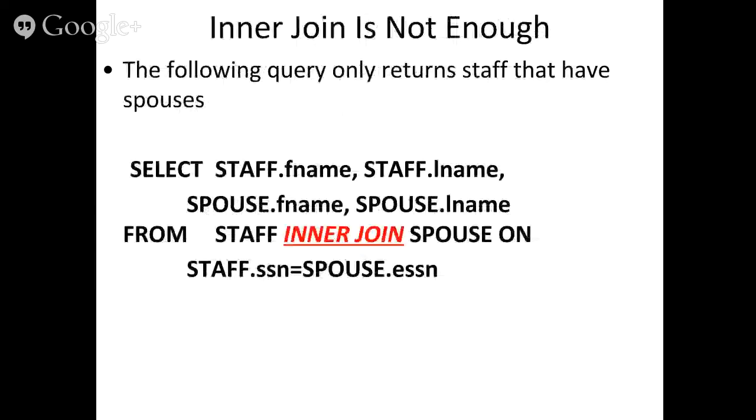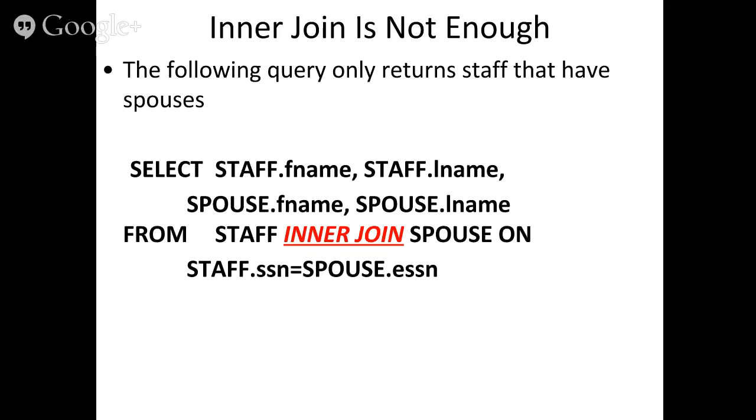And I thought I had an example. Oh, yes, I do. Here we go. So the inner join, or also the natural join, the join that we would normally do, matches only the ones that make sense. It would throw out the ones that don't match. So in this one, we're matching the staff social security number with the spouse social security number.